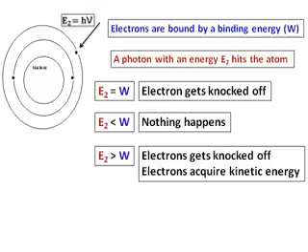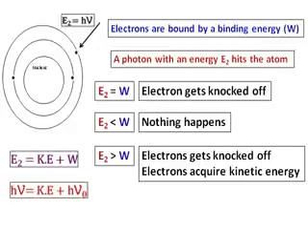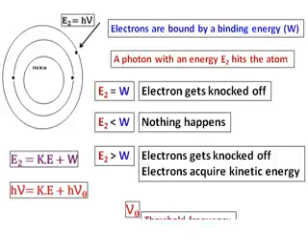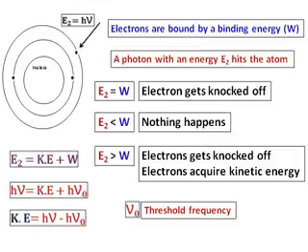The relation between all these 3 energies is given by the equation E2 equals kinetic energy plus W. E2 is h nu, and W, which is also an energy, can be defined as h nu 0, where nu 0 we call the threshold frequency. Rearranging it, we get kinetic energy equals h nu minus h nu 0. This is an important equation, and you will be doing a lot of questions based on this.